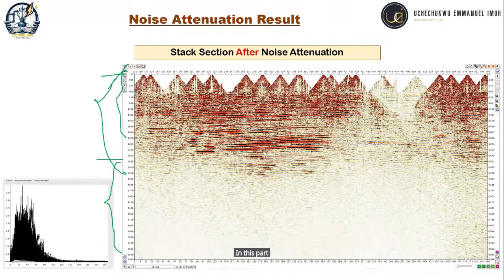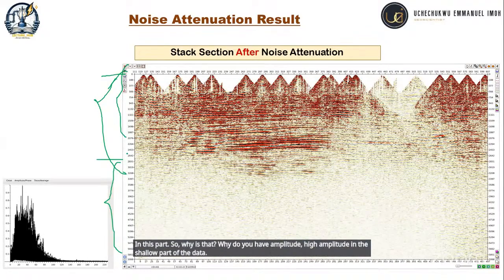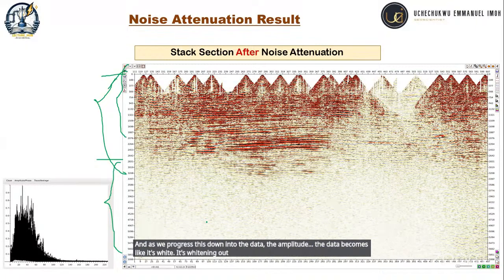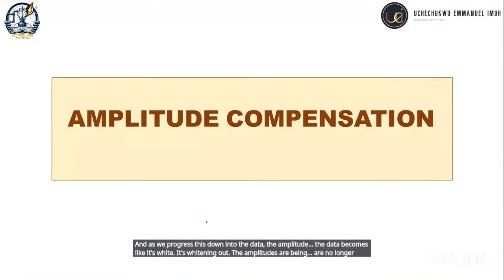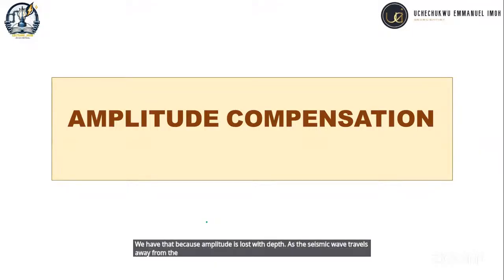So why do you have high amplitude in the shallow part of the data, from 0 to maybe 2 or 3 seconds? And as it progresses down into the data, it becomes whitened out. The amplitudes are no longer there. Why? We have that because amplitude is lost with depth. As the seismic wave travels away from the source, it loses its energy.